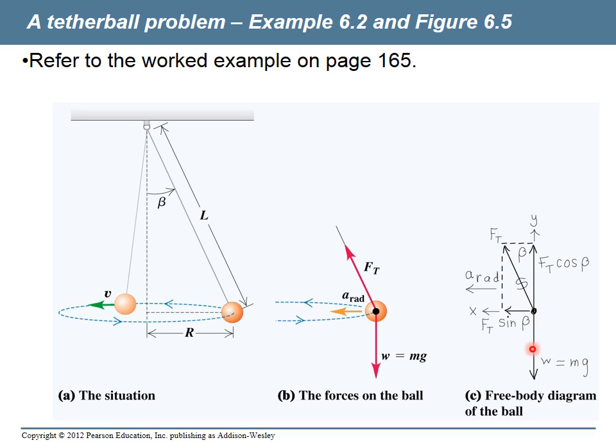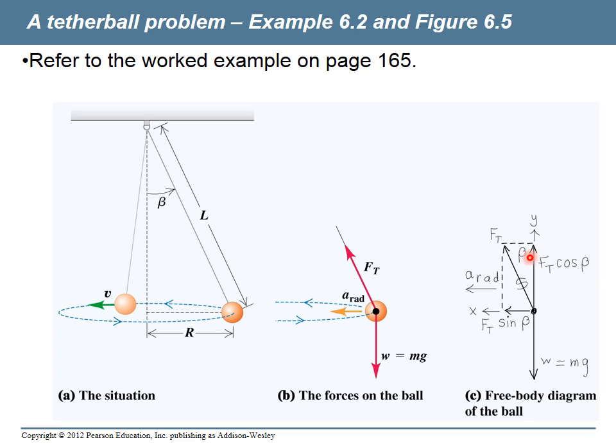And I have my weight here as well, right? And then we just do a summation of forces. We ask ourselves, is it accelerating vertically? And hopefully we say no, right? It's sitting there just going around in a circle in the same horizontal plane here.